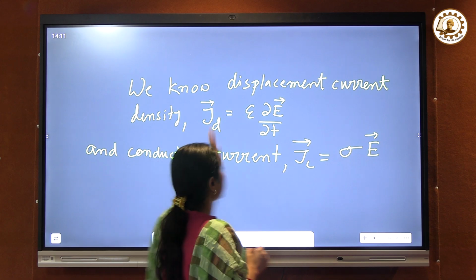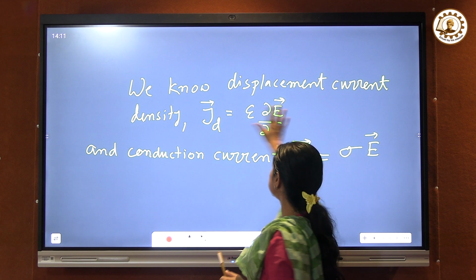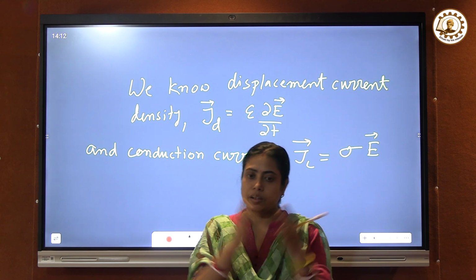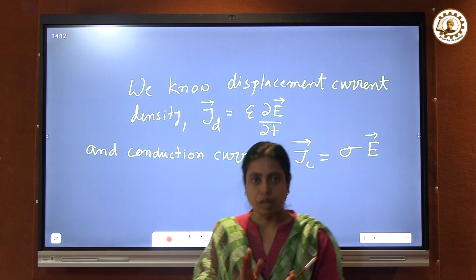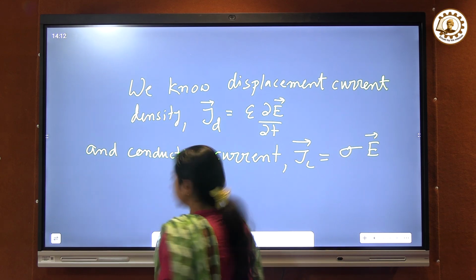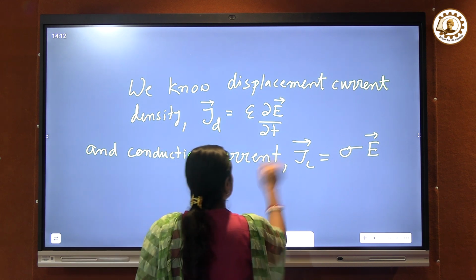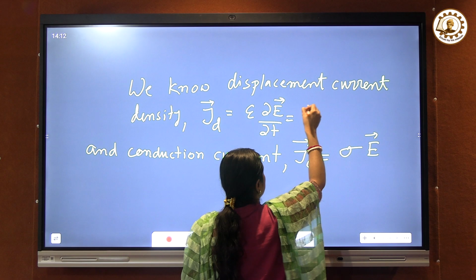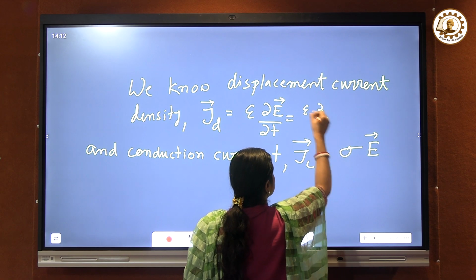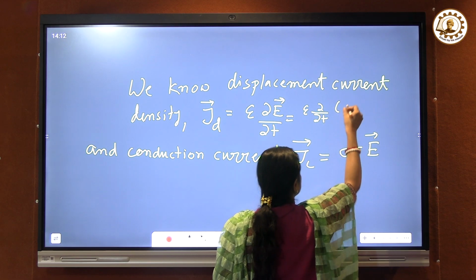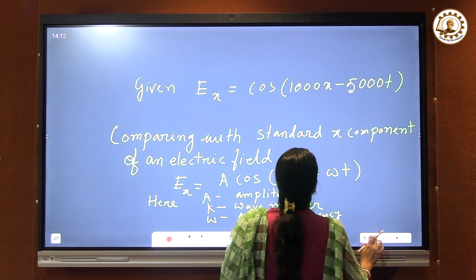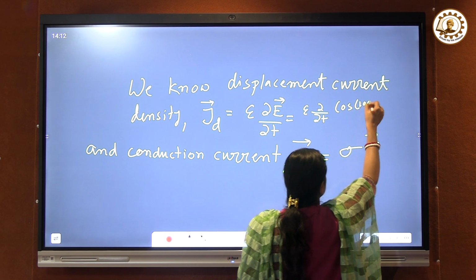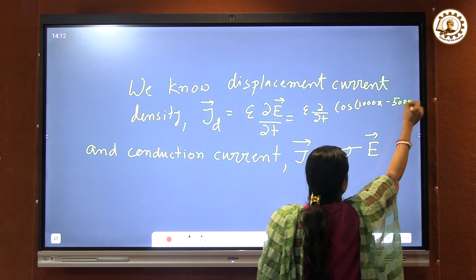So if we are considering the x component of these vector quantities, we will consider only the components and not the unit vector or the direction of it as of now, only the magnitude. So we will write first here J_D is equal to epsilon del by del t of 1000x cos of 1000x minus 5000t.